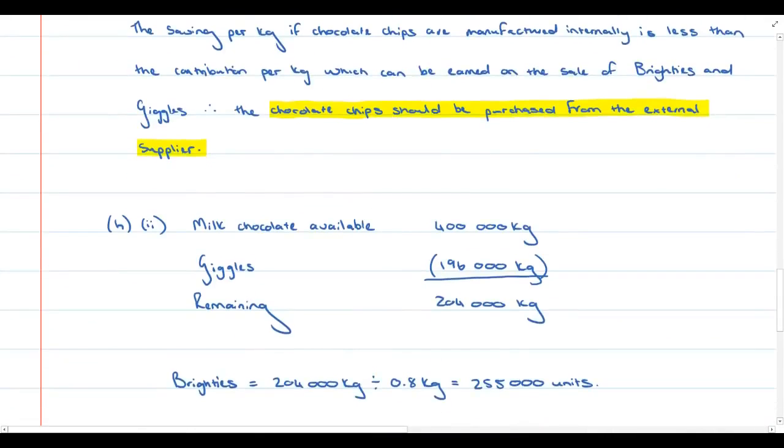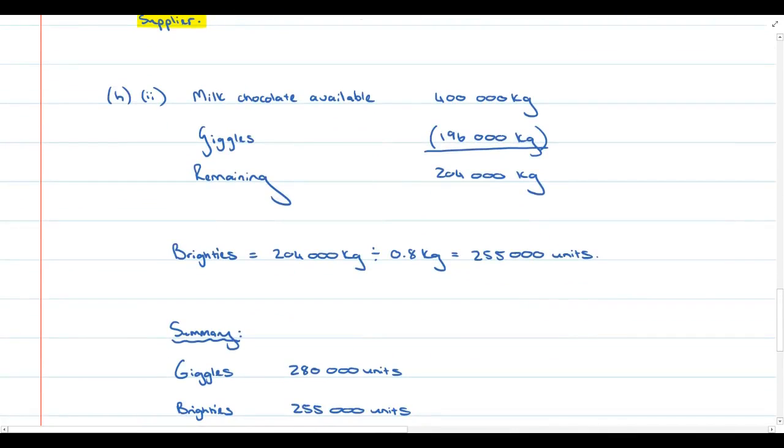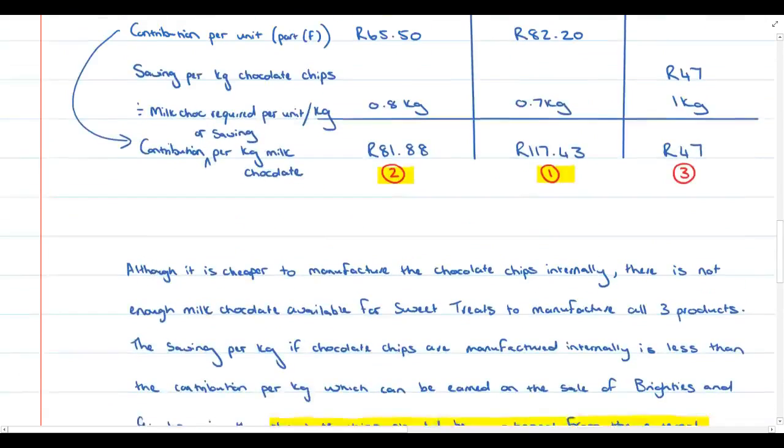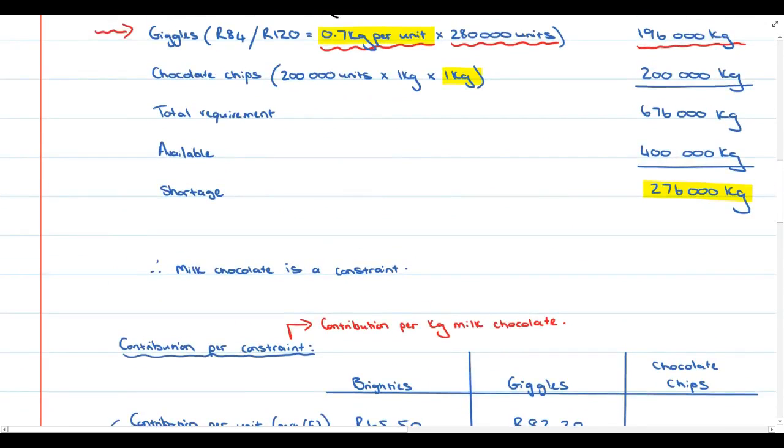We know from our calculation in part 2 that after the production of Giggles, there's 204,000 kilograms of milk chocolate remaining. How many kilograms of milk chocolate do we need to produce chocolate chips? We need 200,000 kilograms. So after the production of Giggles, there's enough milk chocolate available to produce chocolate chips.